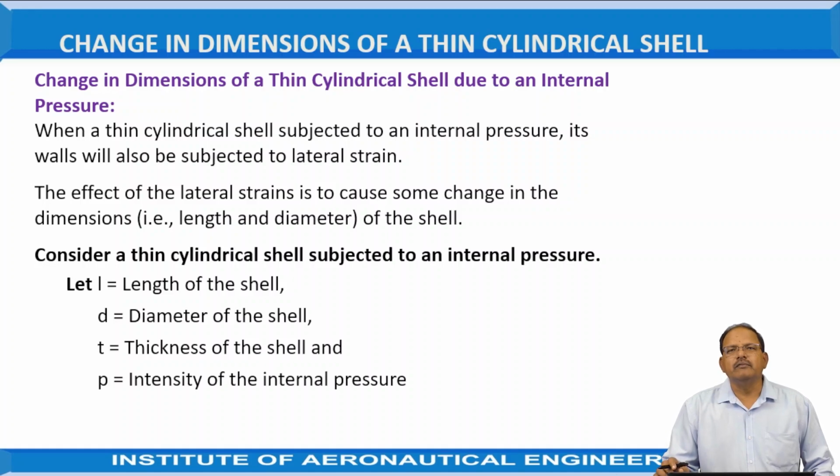Here we have to determine the change in dimension of the cylindrical shell as well as the volumetric strain. So first consider, let L represent the length of the shell, D the diameter of the shell, T the thickness of the shell, and P the intensity of the internal pressure, or the fluid pressure inside the cylinder.